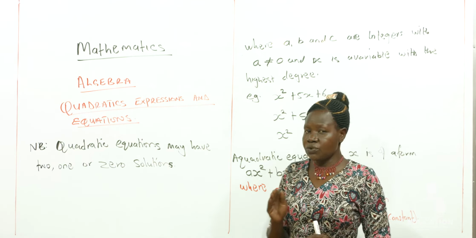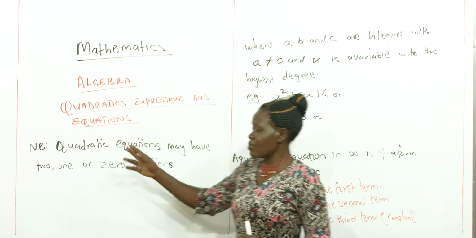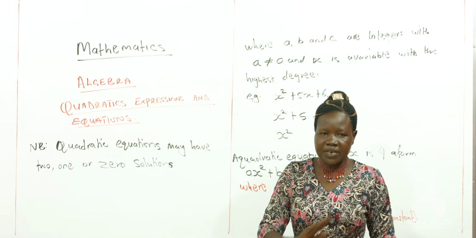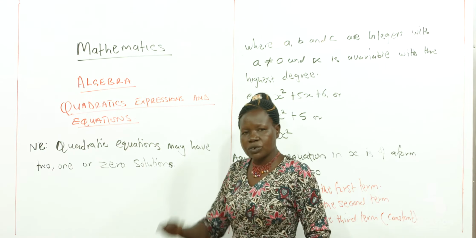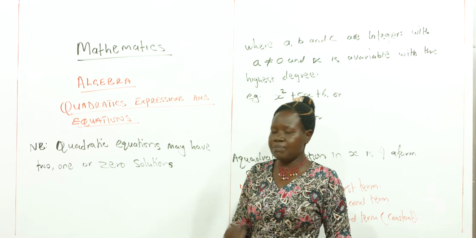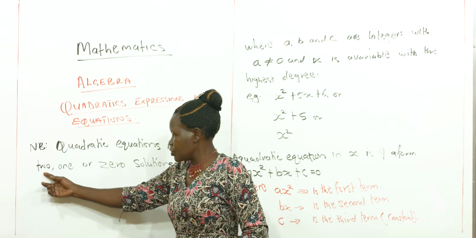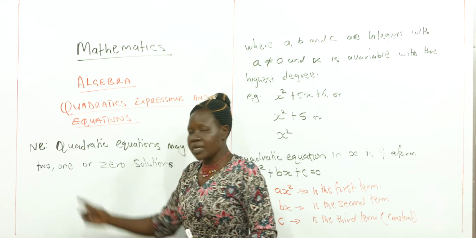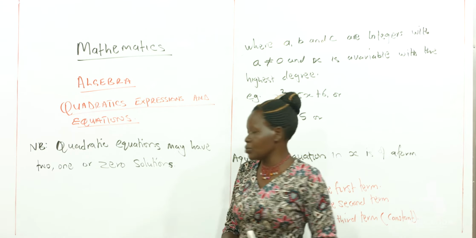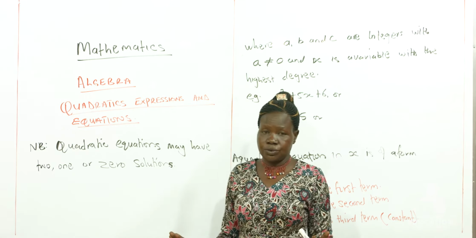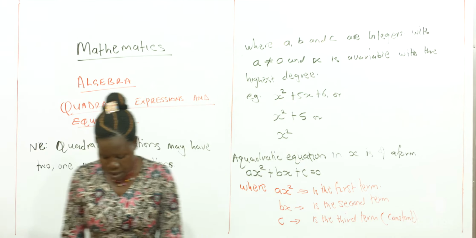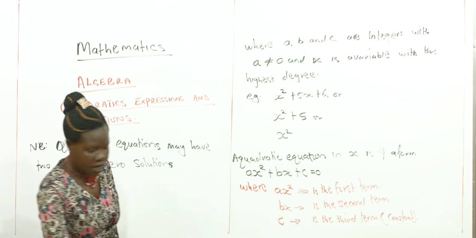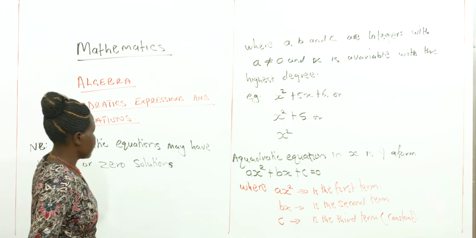So that is what you need to take note of: any quadratic equation does not automatically have a fixed answer. It varies depending on which type of quadratic you are dealing with. Then you say this is now beyond my level. So that is what you need to take note of under a quadratic expression.